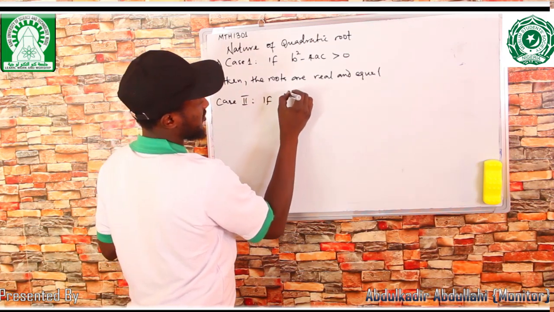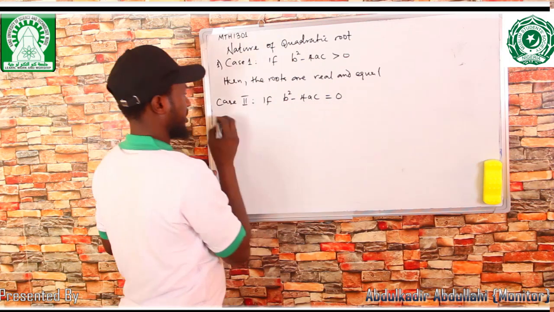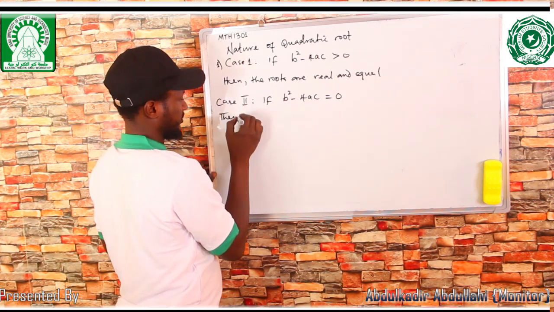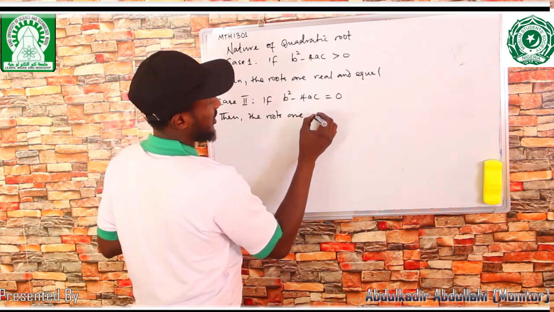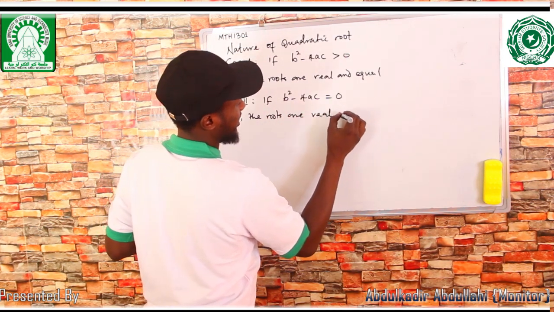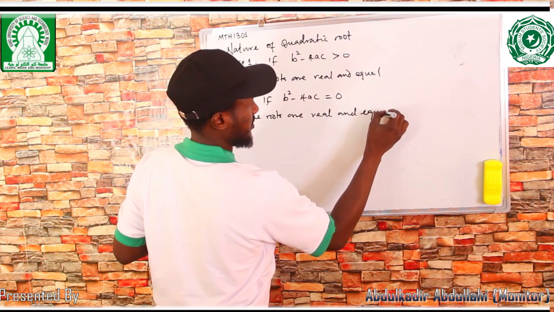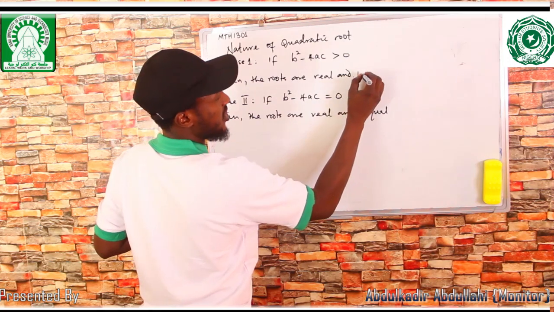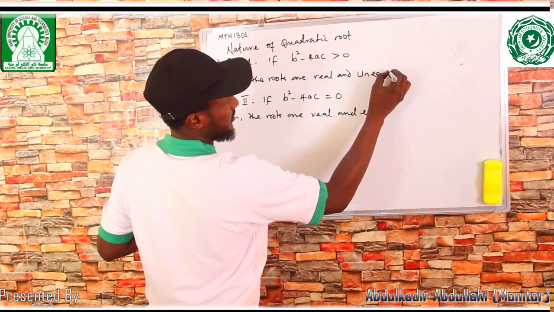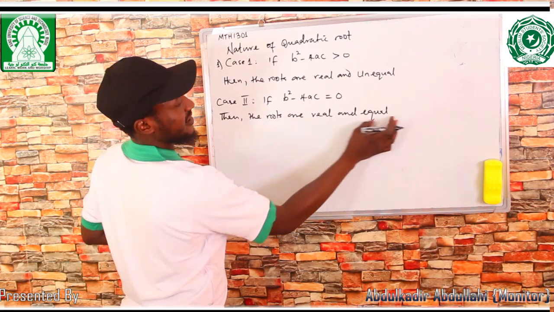Case 2, if b squared minus 4ac is equal to 0, then the roots are real and equal. Sorry, the first one, greater than 0, is the roots are real and unequal, while this one is real and equal.